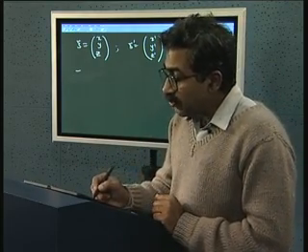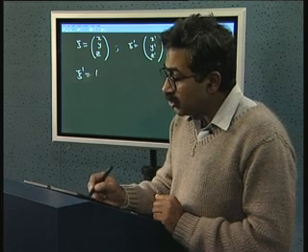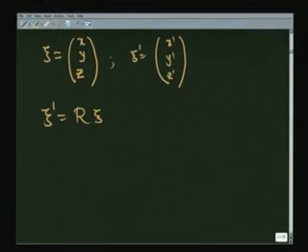So I will now write xi prime equal to R xi. I could qualify my R even further, R standing for rotation. I am going to rotate about the z axis, so I will indicate it by a subscript z here. I am rotating it by an angle theta. I will indicate it by an argument as I have written now. And what is this given by?